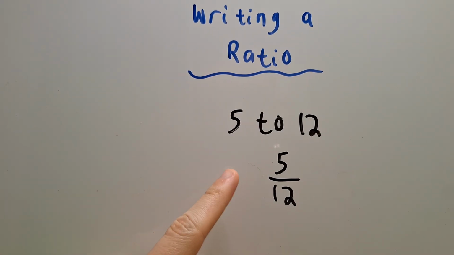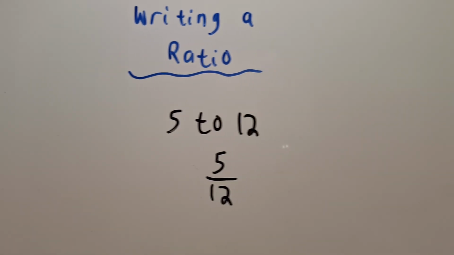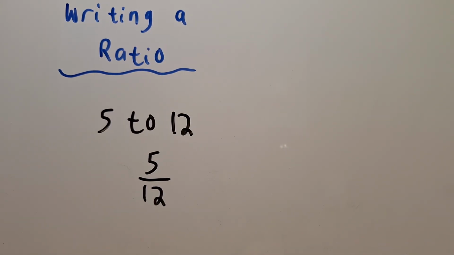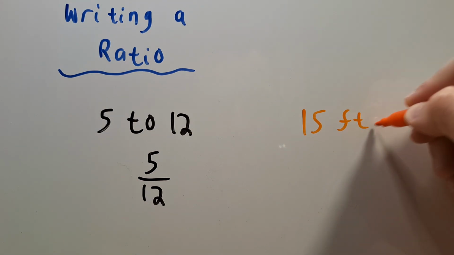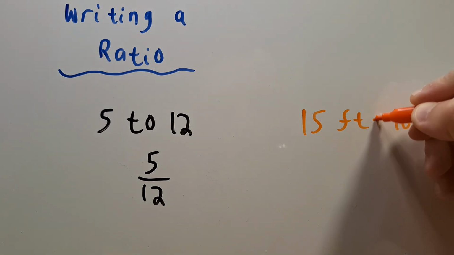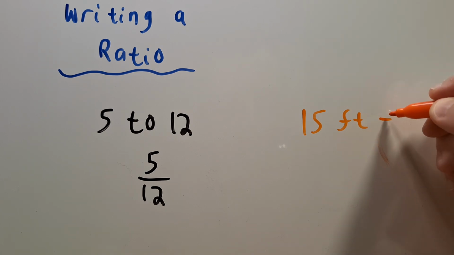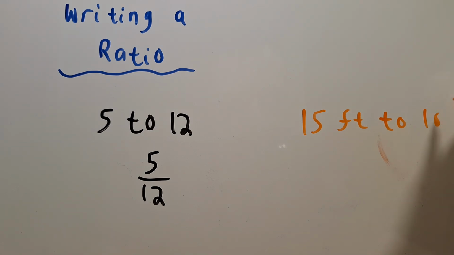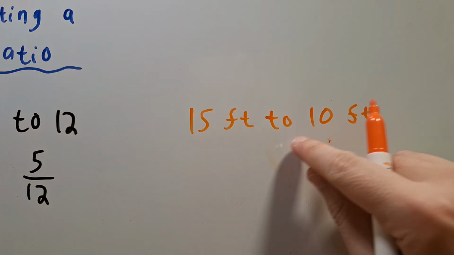Now, if we are representing ratios as fractions, we always want to make sure that they are written in their lowest terms. An example of that would be something like this. If I was told to write the ratio of 15 feet to 10 feet, and it would say, write this in lowest terms.